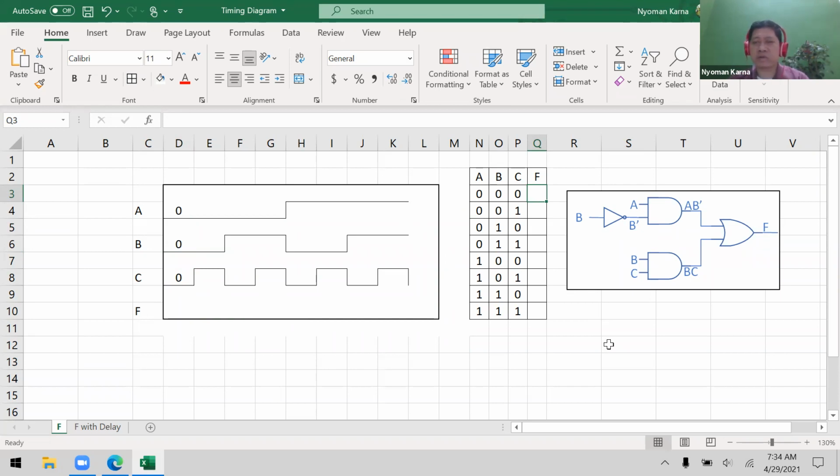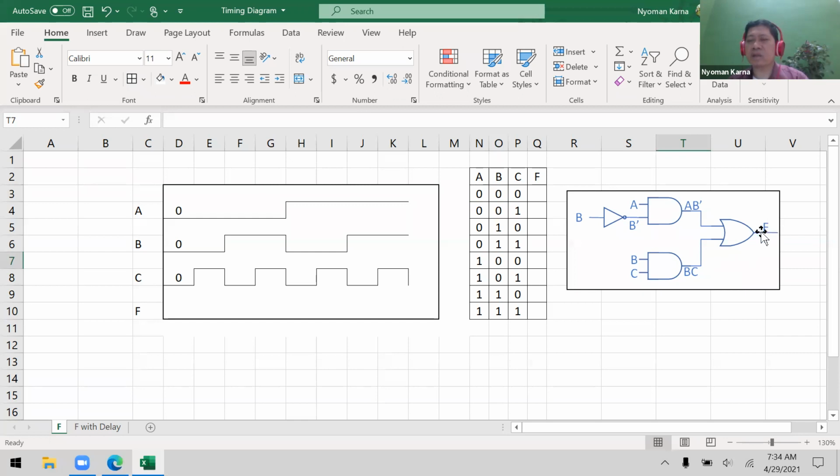Now let's create the truth table for this logic circuit. We have 8 combinations for 3 inputs: 0, 0, 0, 0, 0, 1, 0, 1, 0, and so on until the last one, 1, 1, 1. To make it simpler, let's take f as the output of an OR function. In an OR function, if one of the inputs is 1, then the output becomes 1.